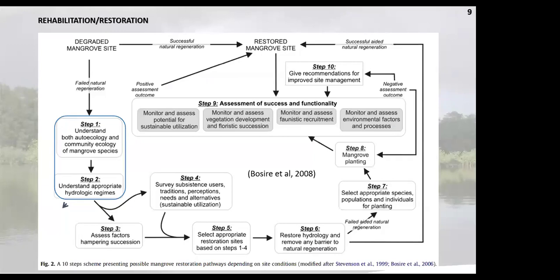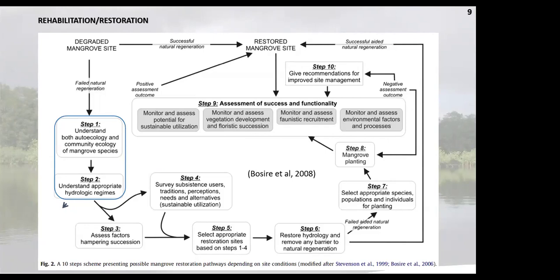Well, when we talk about attempts or projects to restore mangroves, I'm talking distinctly about restoration attempts or restoration projects, but I prefer to call them restoring projects. About this, several protocols and case studies have been published. This one in the slide I use because it's extremely simple.